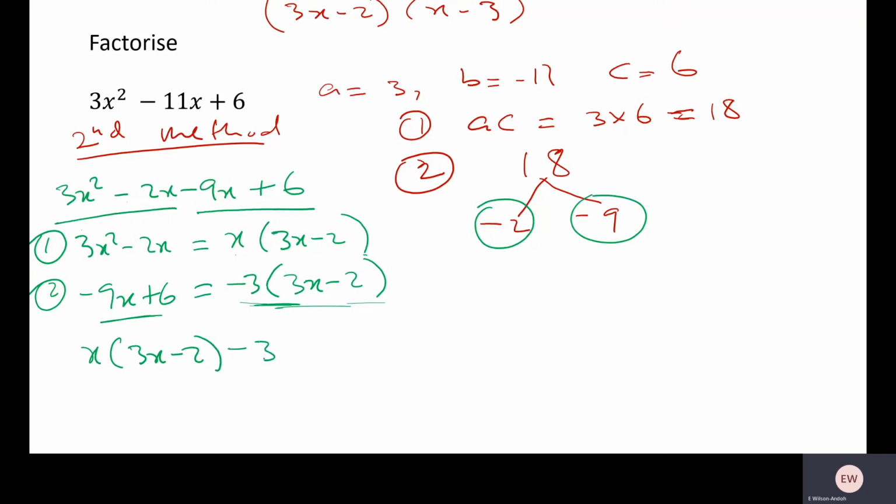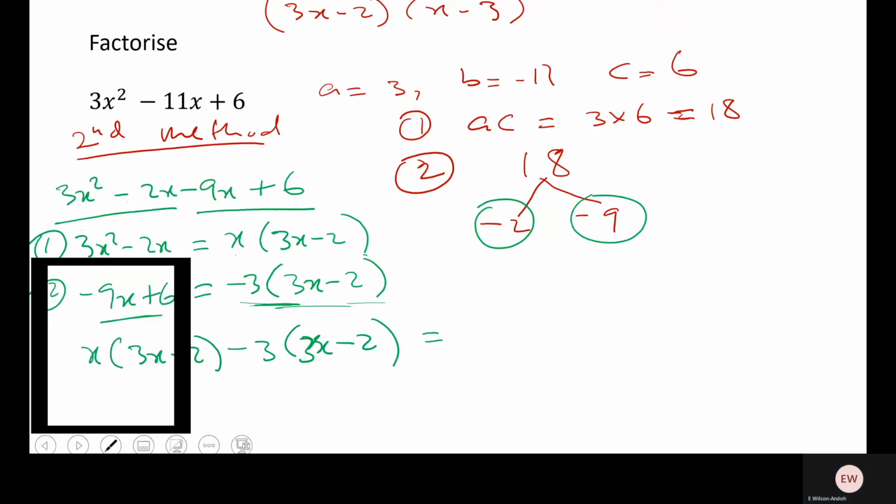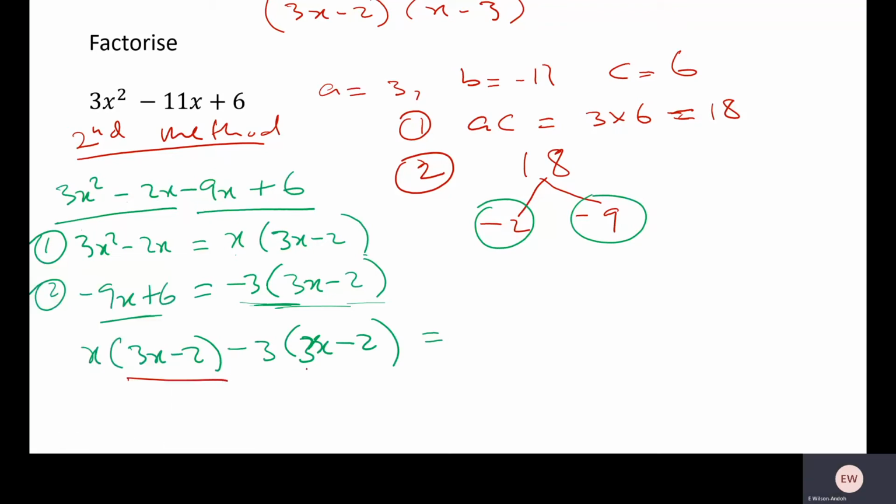So we have minus 3(3x minus 2). Now you can see that we have x(3x minus 2) and minus 3(3x minus 2). They are common. So we bring that out. So we have (3x minus 2).